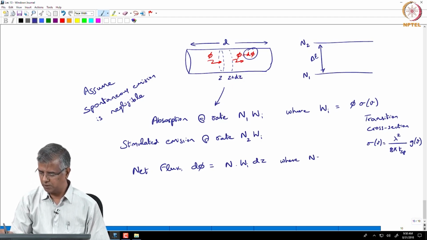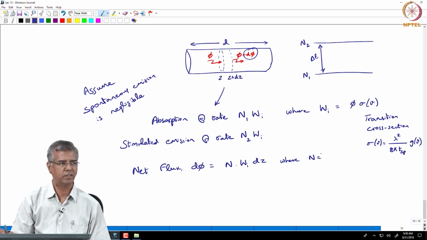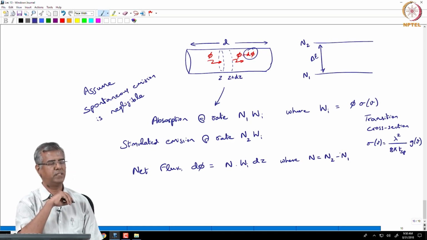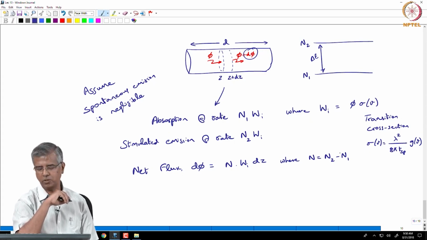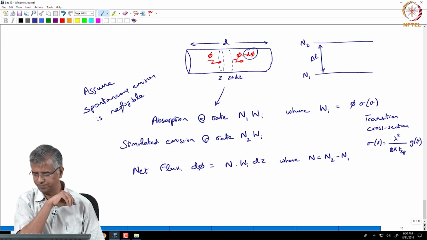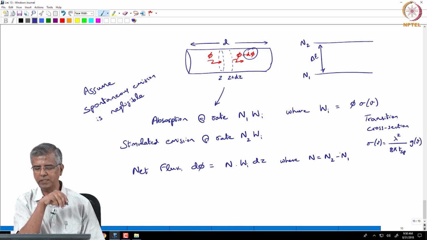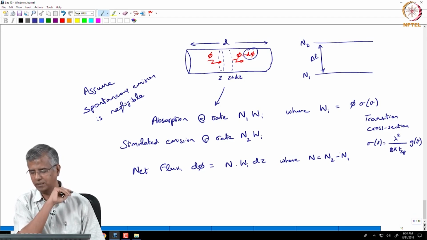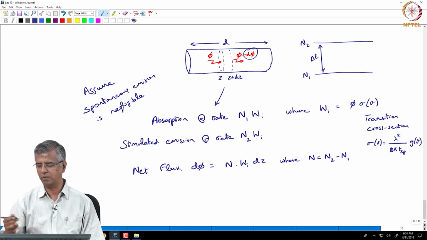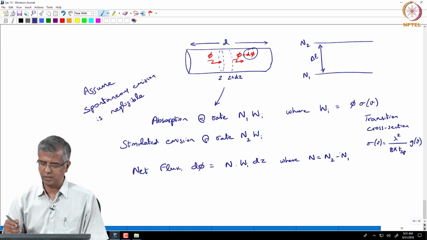what would N correspond to? Net emission, N2 minus N1, that is the N corresponds to the inversion that we have in the system. And that inversion, in a practical sense, could be created by an external source.